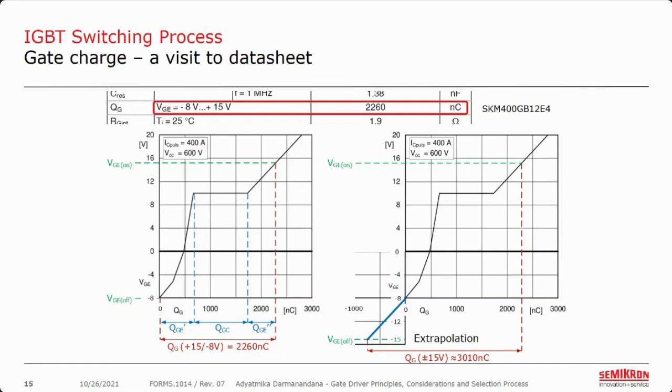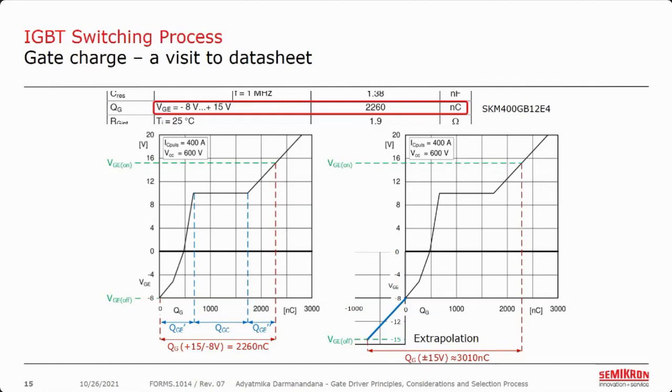In this case, you may extrapolate the diagram down to minus 15 volt, and if one block means 500 nanocoulomb, we have here an added 1.5 blocks, which means about 750 nanocoulomb. In total, then, we have the original 2,260 nanocoulomb and the 750 nanocoulomb from the extrapolation. Here we get approximately 3010 nanocoulomb.